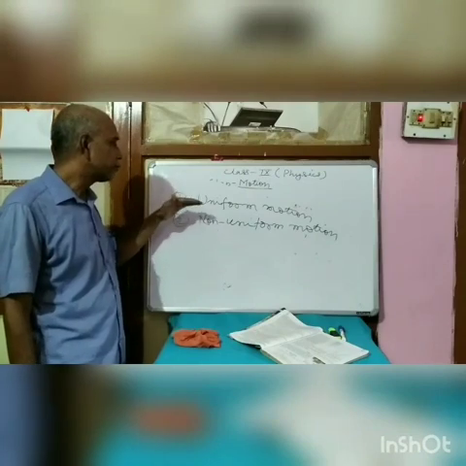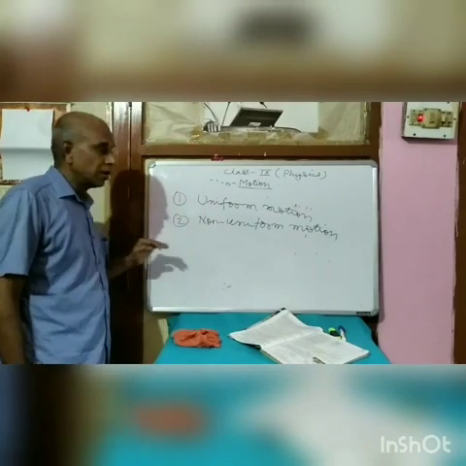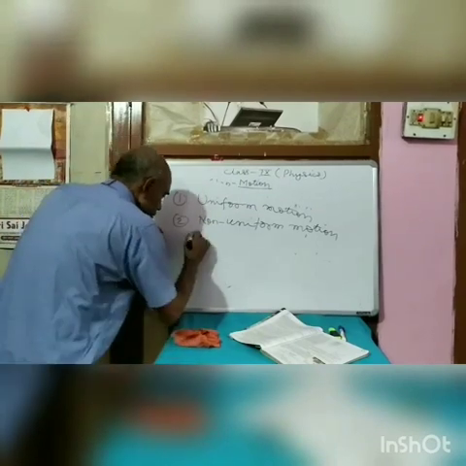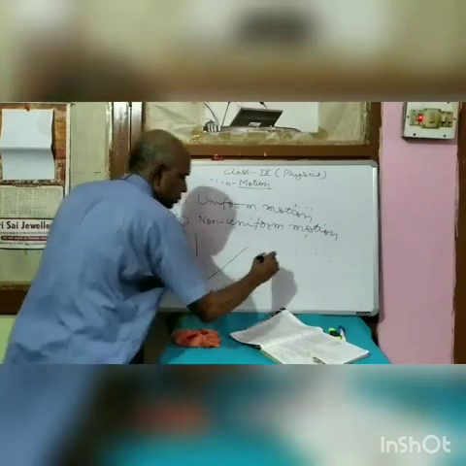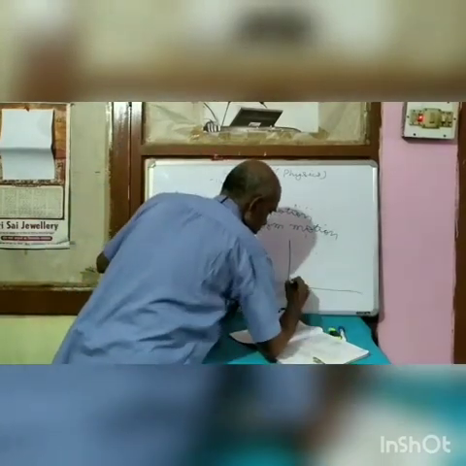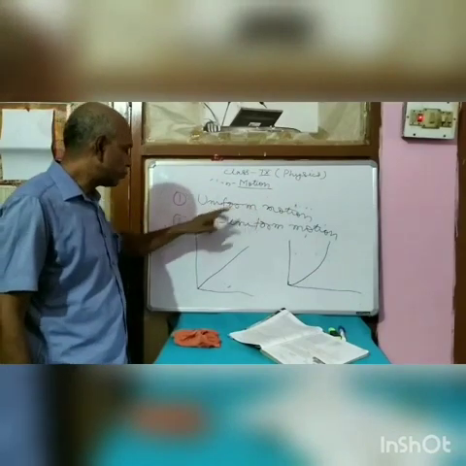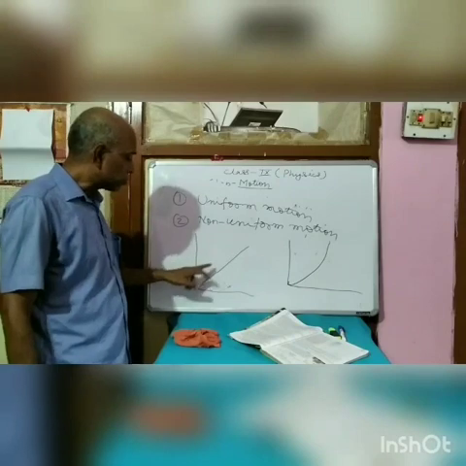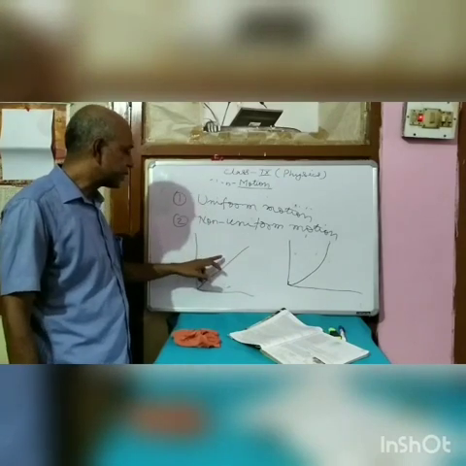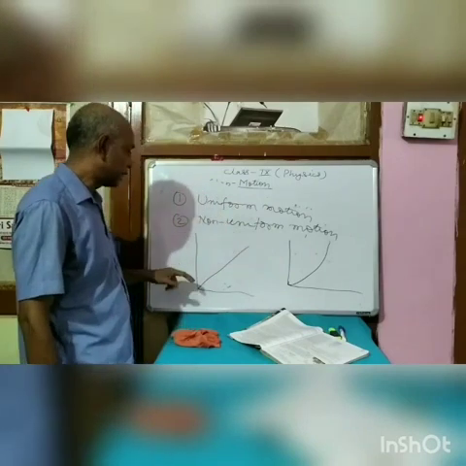When we draw a graph for uniform motion and non-uniform motion like this, for uniform motion, we get a straight line. This straight line represents the uniform motion of an object.